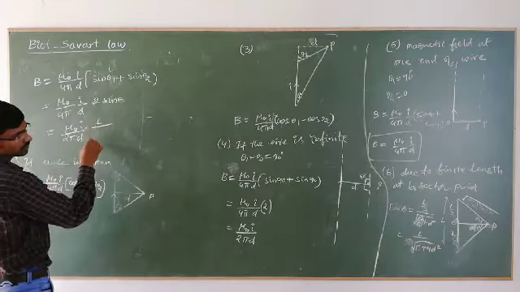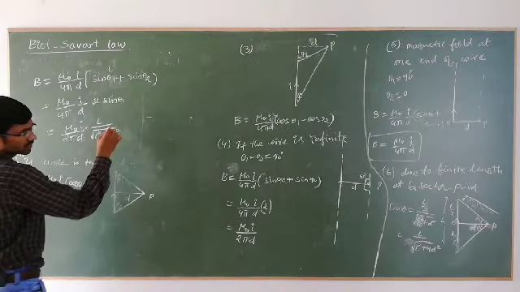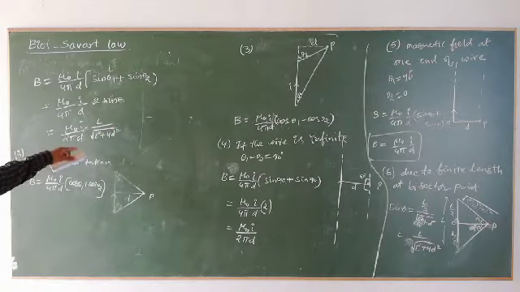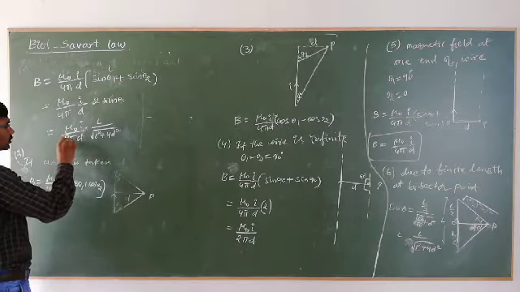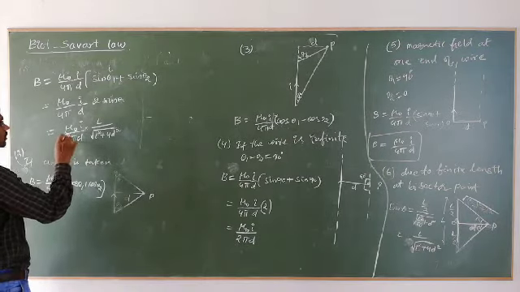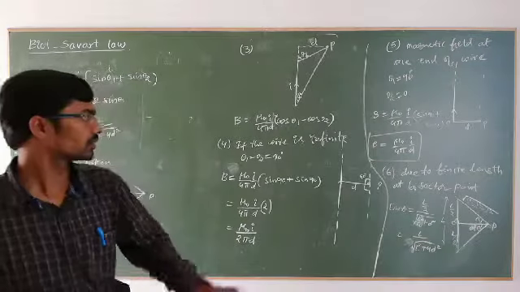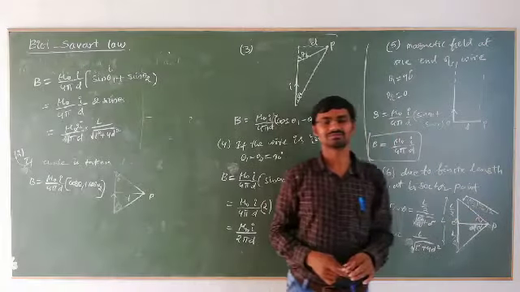So this is the expression for a finite length of wire at the bisector point.